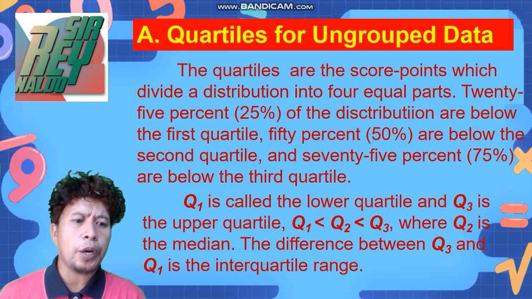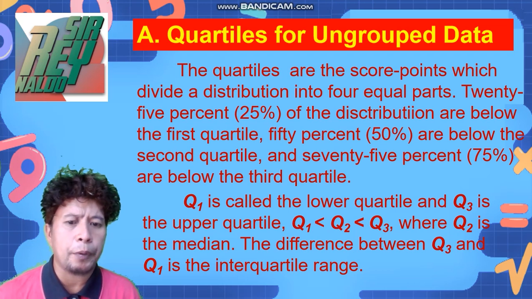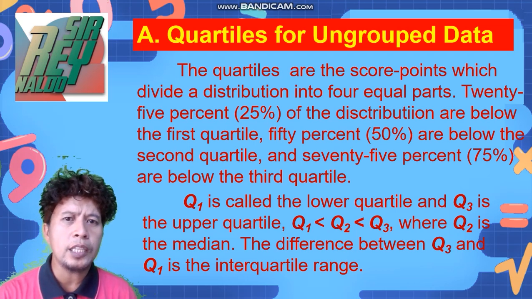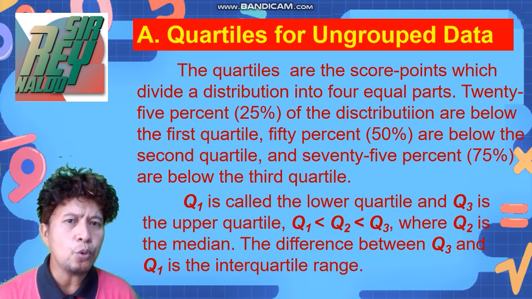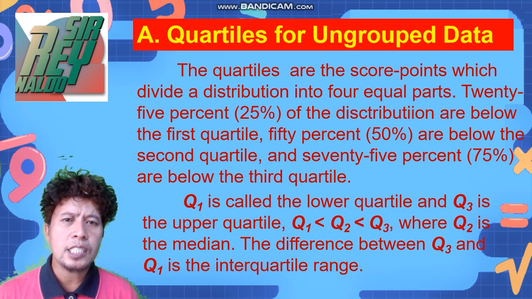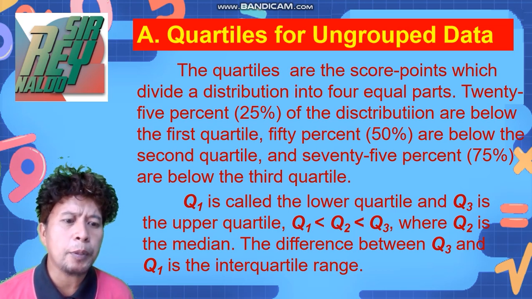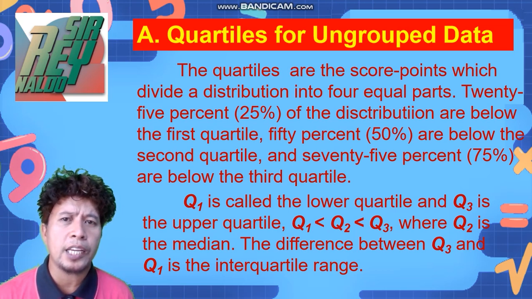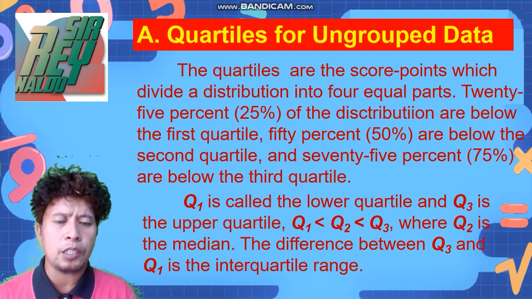Q1 is called the lower quartile and Q3 is called the upper quartile. So Q1 is less than Q2, less than Q3, where Q2 is the median, and the difference between Q3 and Q1 is the interquartile range.